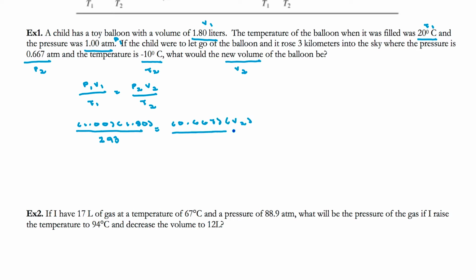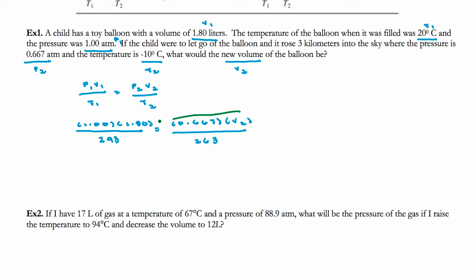And then I'm going to put that all over my T2, which is negative 10, so negative 10 plus 273 is 263. Now keep in mind, one thing I haven't really been talking about other than with Kelvin is units. Since my units for both of my pressures are atmospheres, no conversions are needed. And since the unit for 1.80 is liters, this volume has to be in liters as well.